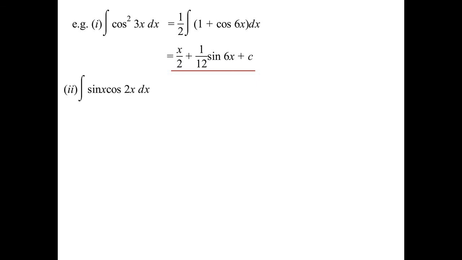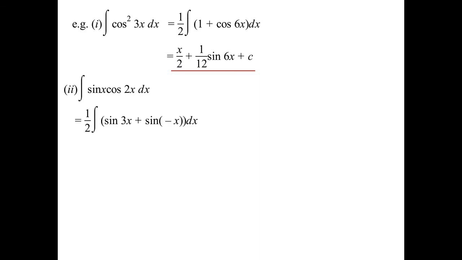For the integral of cos squared 3x, I'll rewrite that as a half of 1 plus cos of the double angle, 6x. So we get x on 2 plus a 12th sine 6x plus, of course, a constant. Now sine x cos 2x. Well, I could use product to sum.